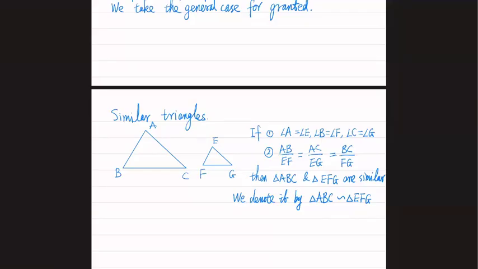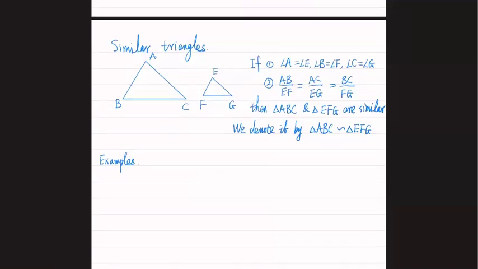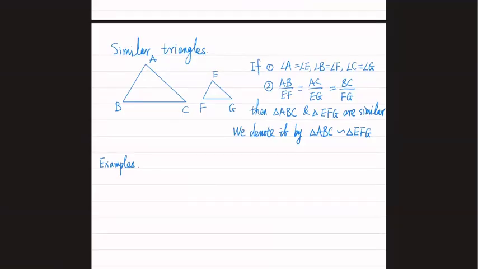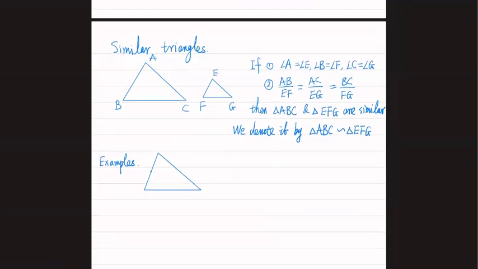Okay, so we start with examples. The first example about similar triangles comes from the midpoint theorem. Okay, this is one of our homework questions.